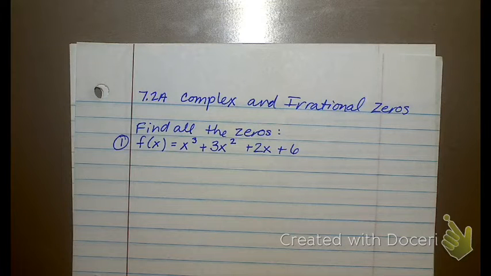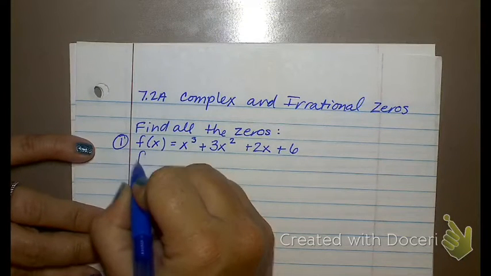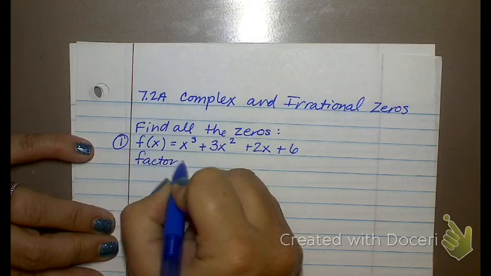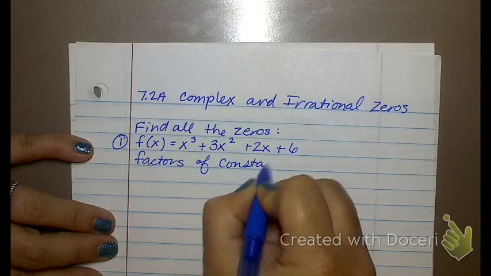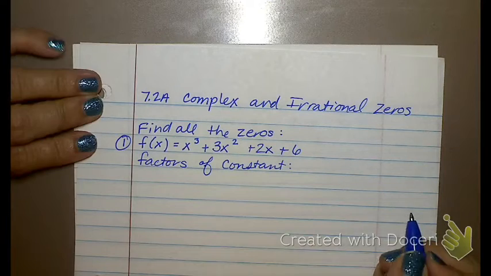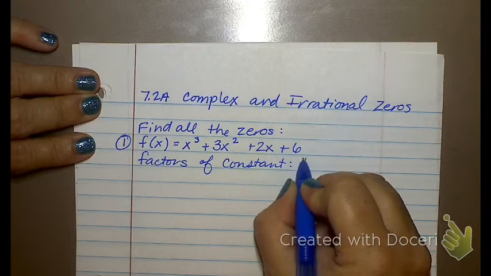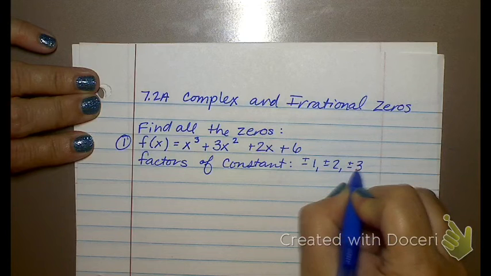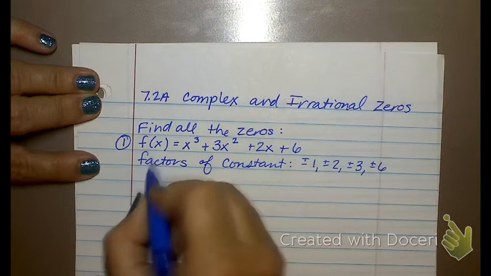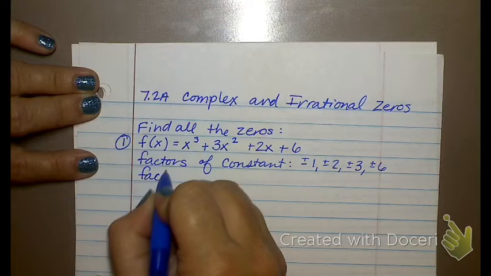Okay, so what we're going to do first is come up with our list of possible rational roots. You ready? So factors of the constant. What's my constant? 6. So I have 1, 2, 3, 6. Factors of the leading coefficient.